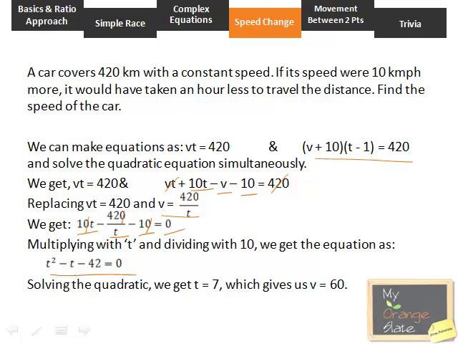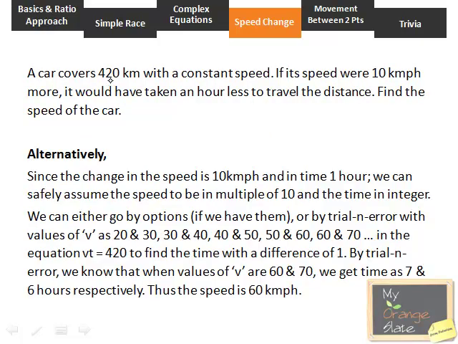But friends, alternatively, instead of going for such elaborate calculation, we can focus on the values where it says that the car covers 420 kilometers, the difference in the speed is 10 km per hour and the difference in time is 1 hour.